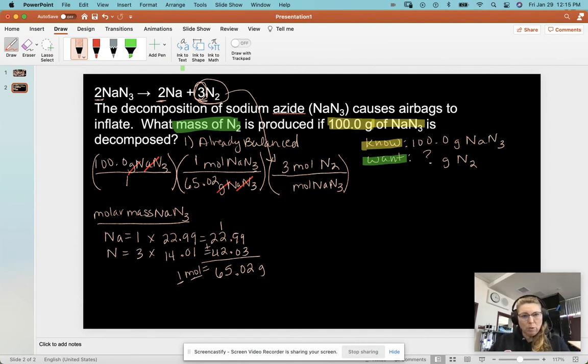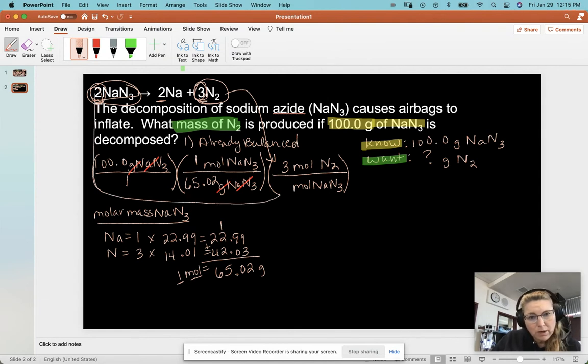So NaN3, we're going to find that in our balanced equation, and it has a coefficient of 2. So that's what we're going to fill in right here, that 2. So once we've done that, we can cancel out our units. We have moles of NaN3 on the top and on the bottom, so we can make them cancel.